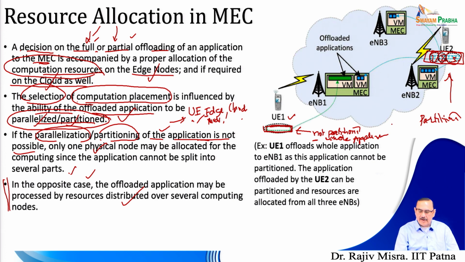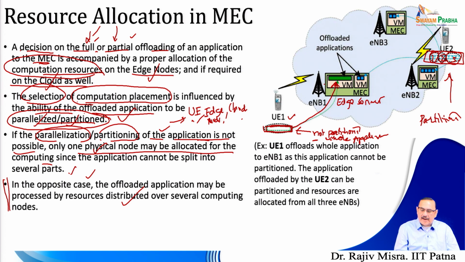So, what will happen if it is not partitionable? Parallelization is not possible over here, so only one physical node may be allocated for the computing. Let us say that this particular user equipment 1 wants to offload its compute, then it will be offloaded in its entirety to one of these base or edge servers, which is inside the MEC.